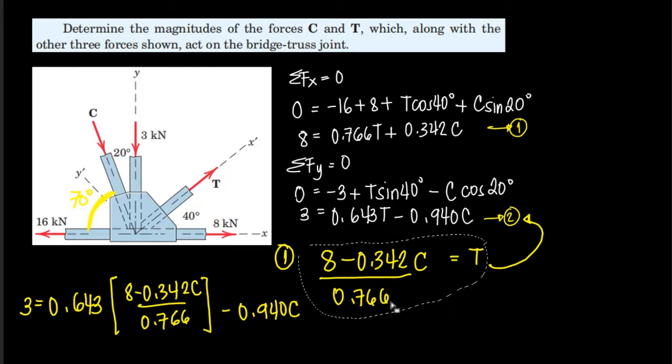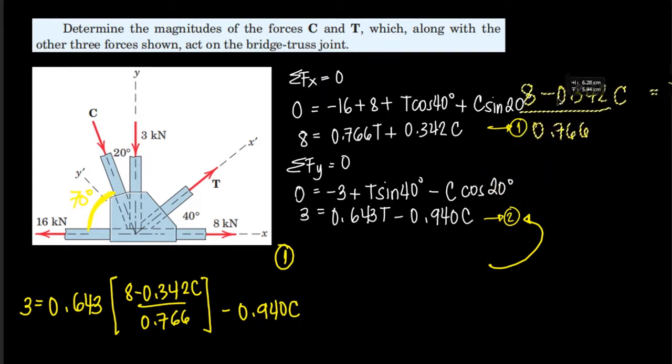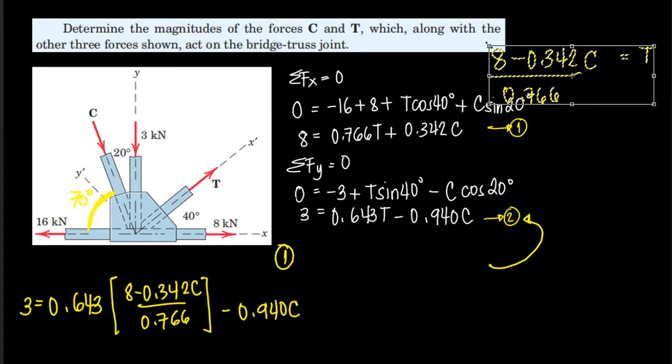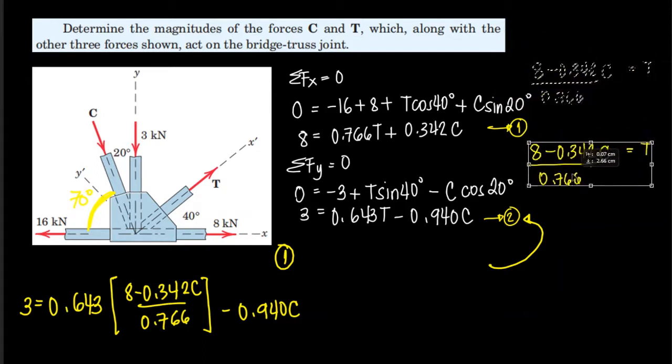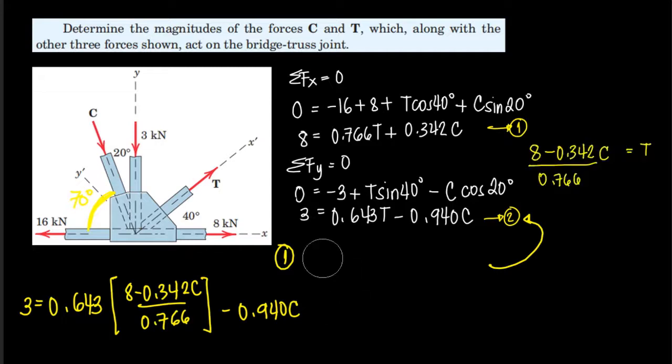Okay. So, let me just move this so I have space. And then erase. Okay. So, back again, we have 3 equals, now 0.643 times 8 over 0.766. So, 0.643 times 8 divided by 0.766. Again, syntax error.